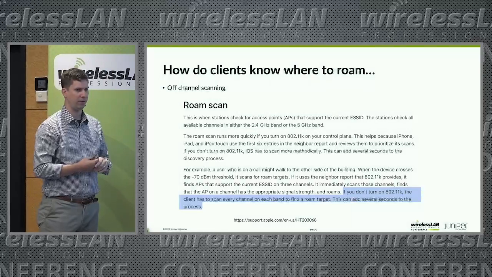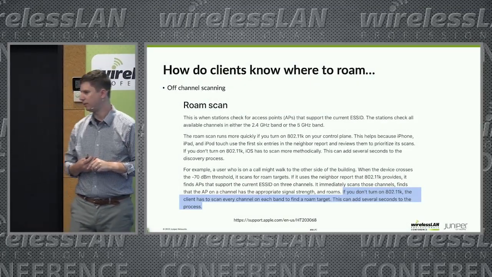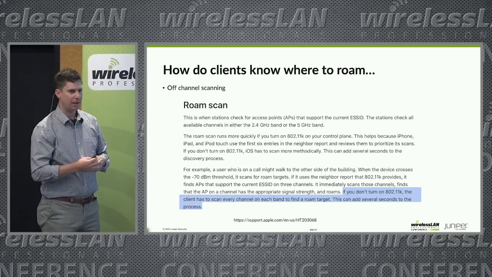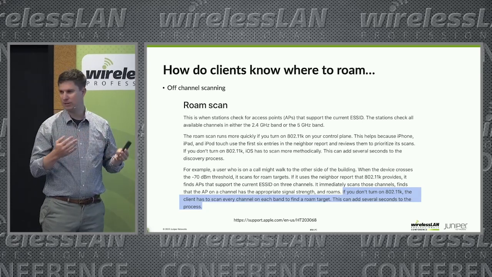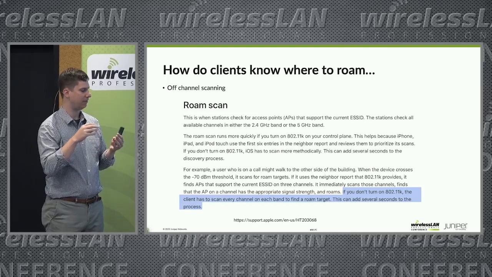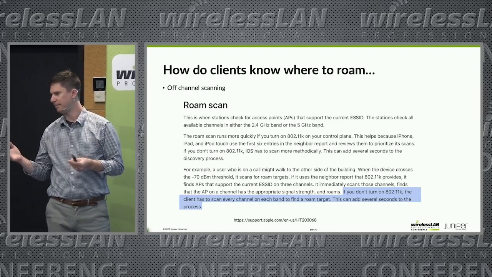If we look at Apple documentation around how it performs a roam scan, one of the things it says is you really probably want to use 11k because it narrows down the list of candidates or channels that the client needs to scan.